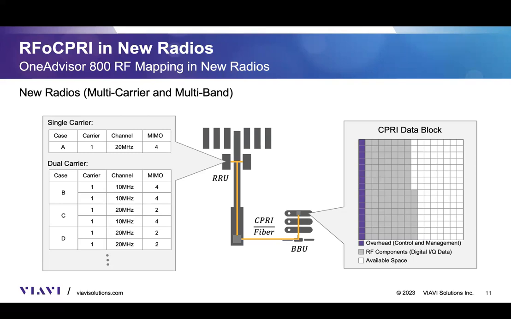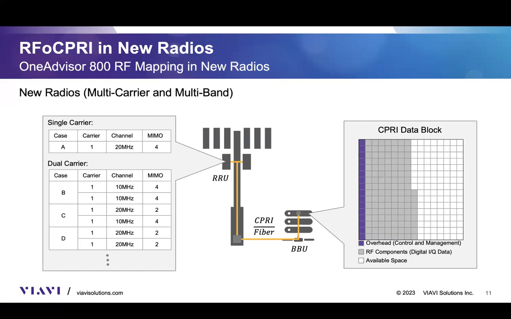For example, if we have an external interference problem and we want to identify at which frequency that interference is showing up, then we don't know, right? Because we don't know exactly which carrier we're analyzing.